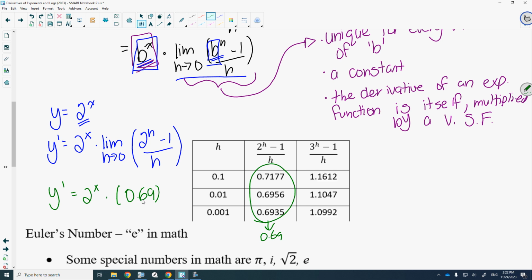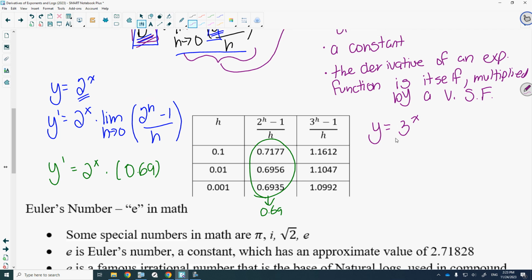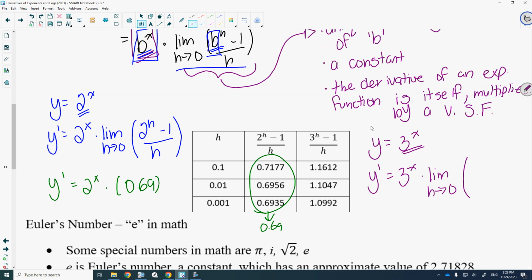Let's do another one. Let's change our base to 3. So write down y is equal to 3 to the power of x. If I say I want you to differentiate 3 to the power of x, what's the derivative of 3 to the power of x? Well, the derivative of an exponential function is itself multiplied by the limit as h approaches 0 of 3 to the power of h minus 1, all over h.